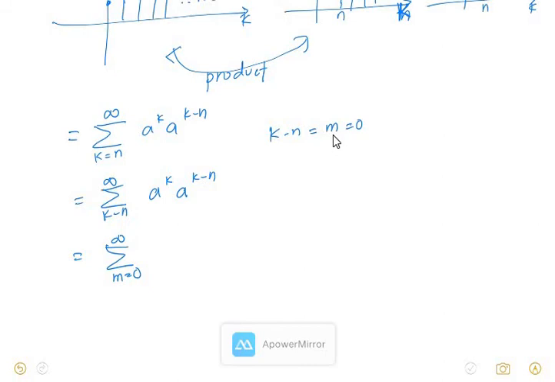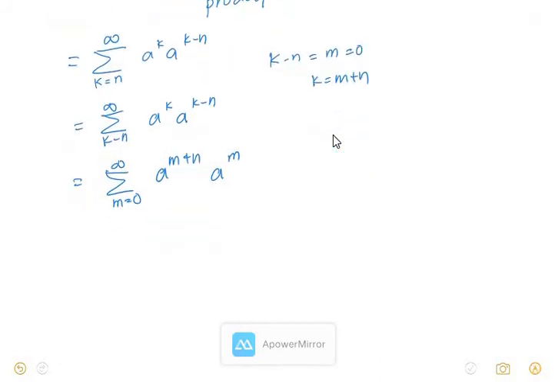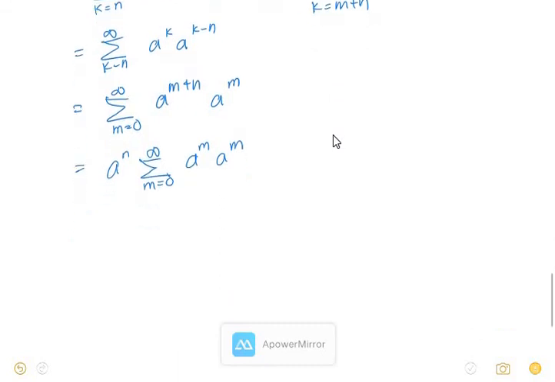Now I have k equal to m plus n. So a^(m plus n) a^m. A power of n is actually a constant, so I can take out a^n, and I remain with a^m a^m. So a^m multiplied with a^m is a^(2m).